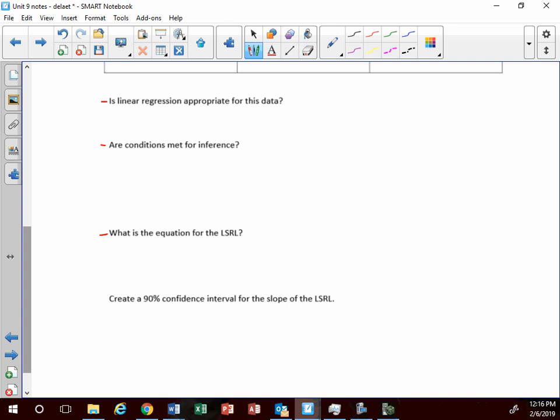And then we'll get to doing the confidence interval on your calculator, okay? Start with the scatter plot.